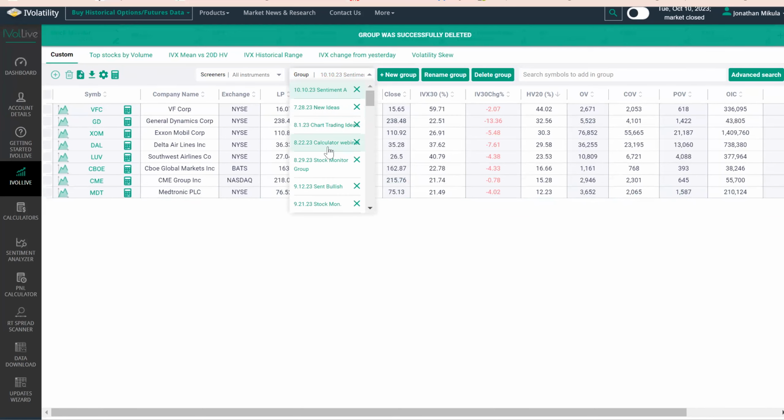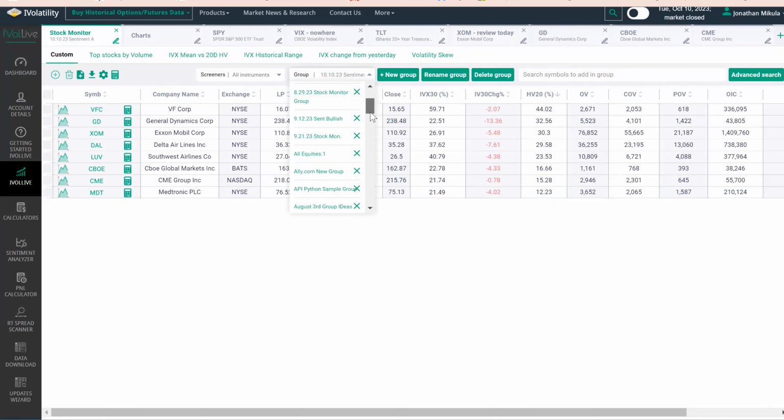I do these all the time, so you could see I have a ton of them. You likely won't have as many. And then there's also our defaults, right? So you have the ability to scan for ideas, all ETFs, all USA, Canadian, Dow, European. Again, you have a huge reservoir to search.